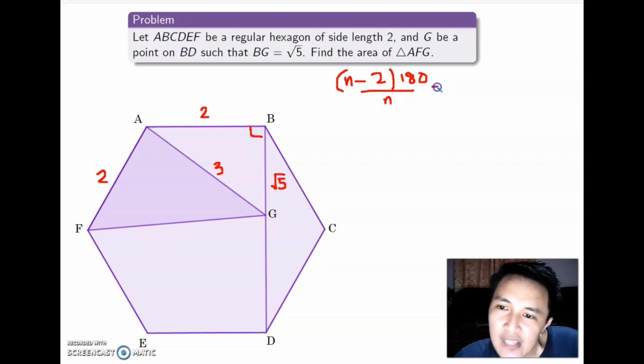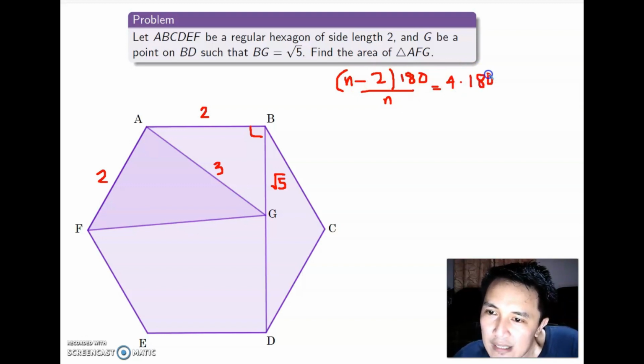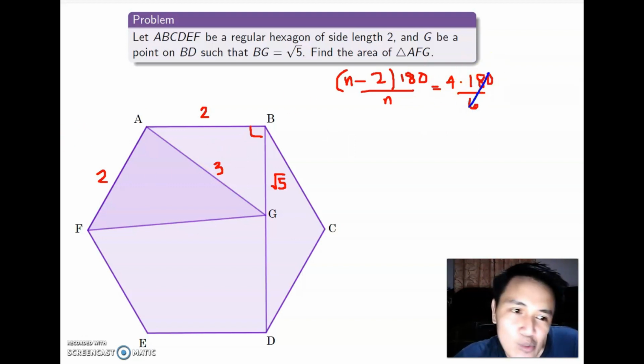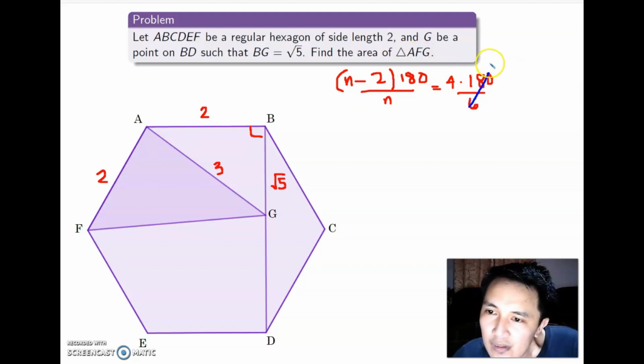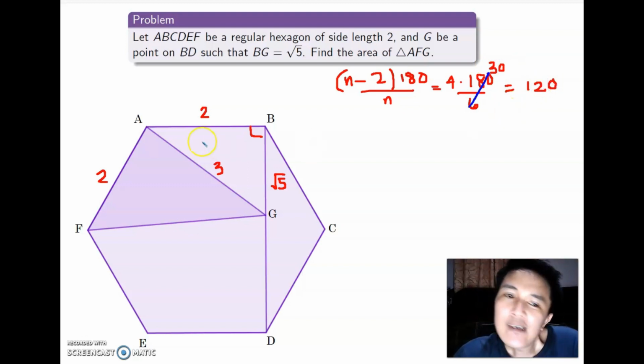Since the number of sides is 6, I'm going to have 6 minus 2, that's 4, times 180 over 6. Cancel this, so this will become 30, times 4, that will give you 120. Therefore, each angle of a regular hexagon is 120.